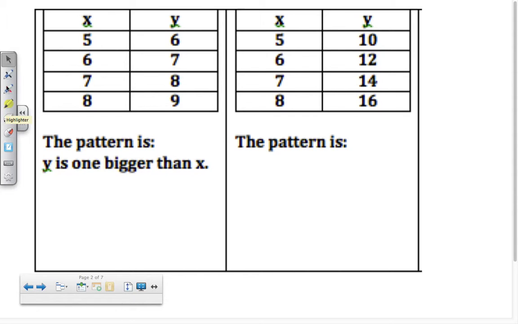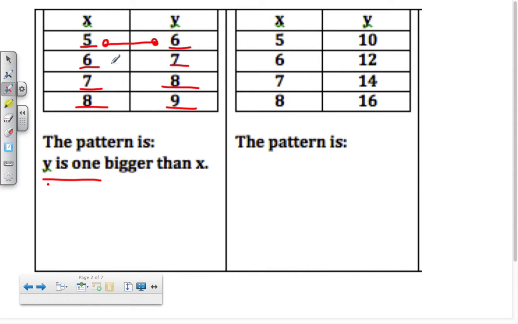For example, in this first table right here, we've got x and y, and we've got values for x and y: 5, 6, and then over here 6, 7, and over here 7, 8, and then 8, 9. What you want to do is see what's happening from the x value to the y value.